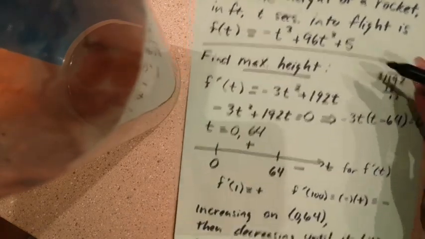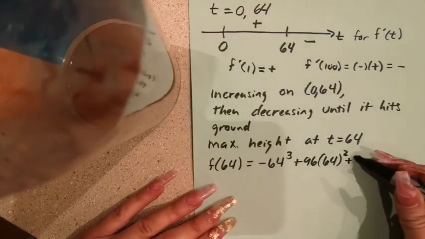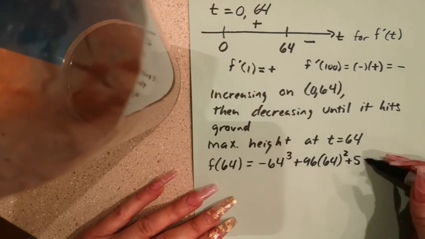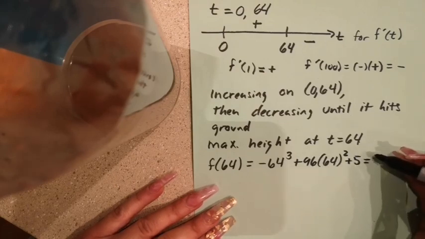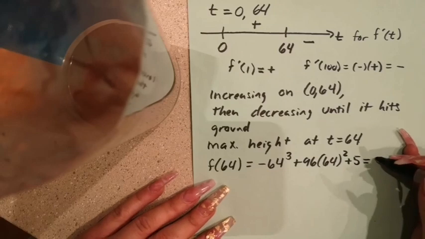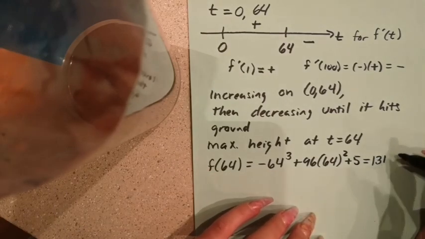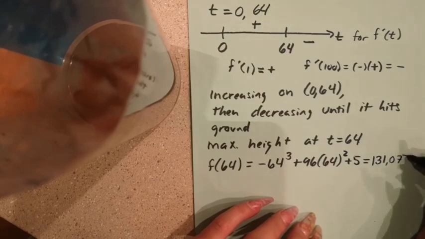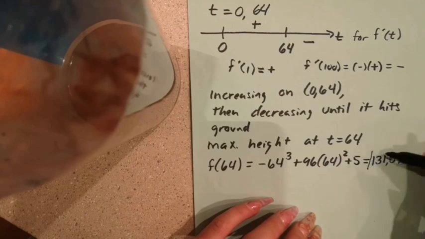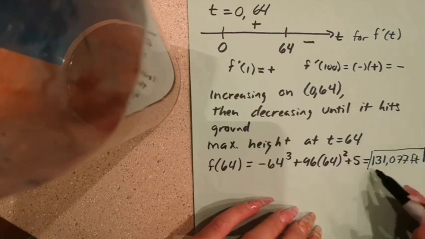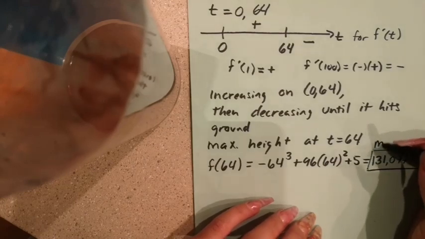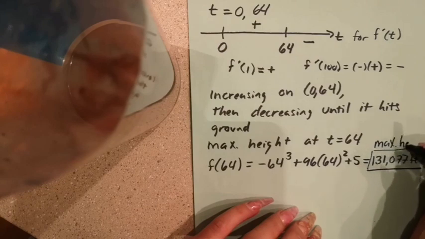And then plus 5. So for this part, the numbers are a little big. I think I used a calculator for this guy. I got 131,077 feet. So this would actually be the max height.